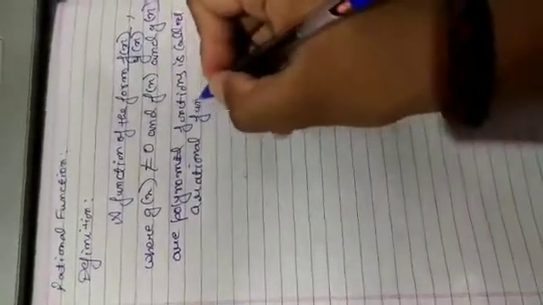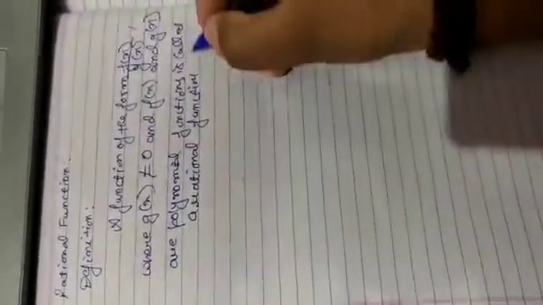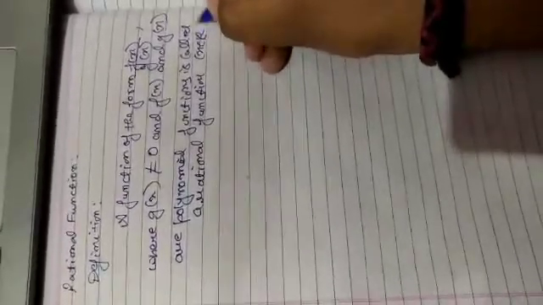Rational functions where x belongs to R. R means real numbers. So let's take an example.